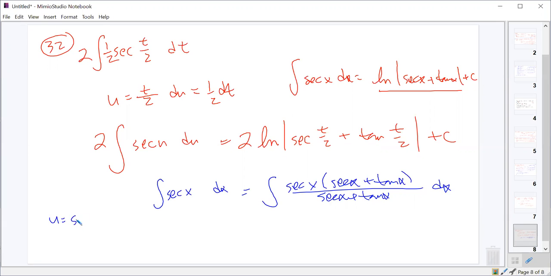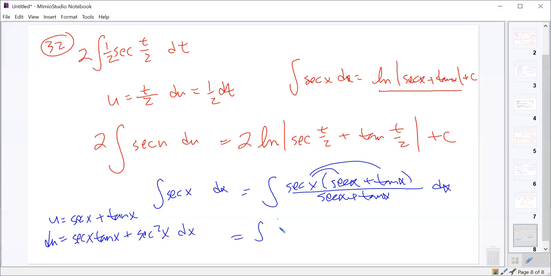Then you let u equal secant x plus tangent x, and du then becomes secant x tangent x plus secant squared x. And you'll note if you distribute this through, what do you get? You get secant squared x plus secant x tangent x, which is the du.